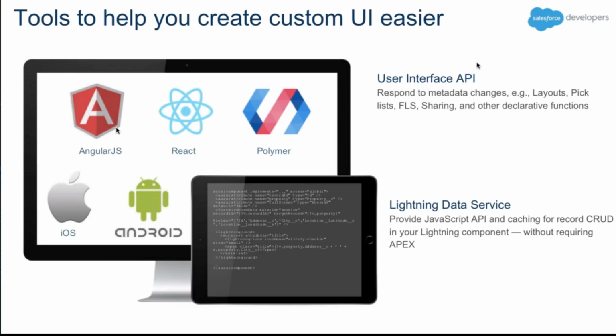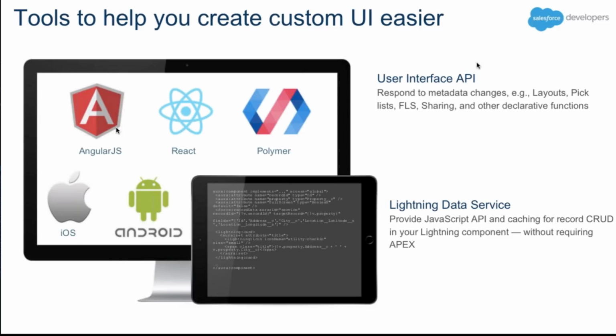So what makes the user interface API special? Well, what we like about it is that it now lets you take advantage of all the functionality and the business rules and business logic that we built for Lightning directly through REST API. And these API are really nice because they are runtime API that respond to metadata changes.